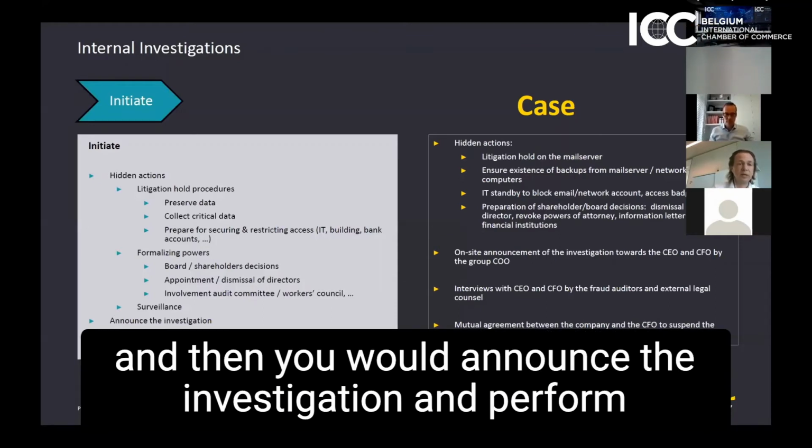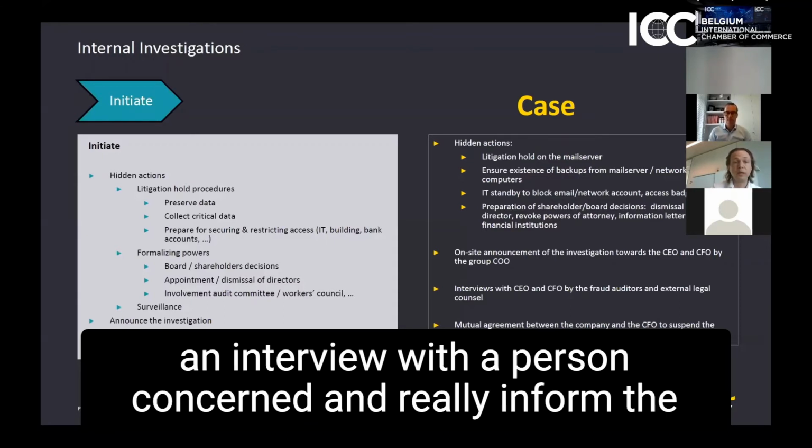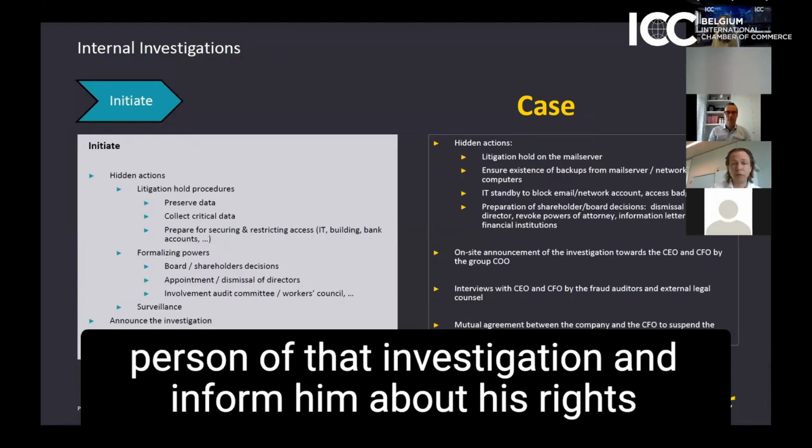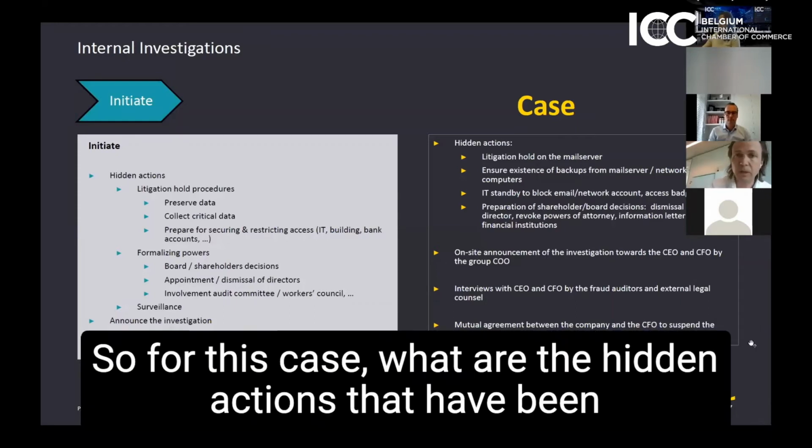And then you would announce the investigation and perform an interview with the person concerned and really inform the person of that investigation and inform him about his rights during the investigation.